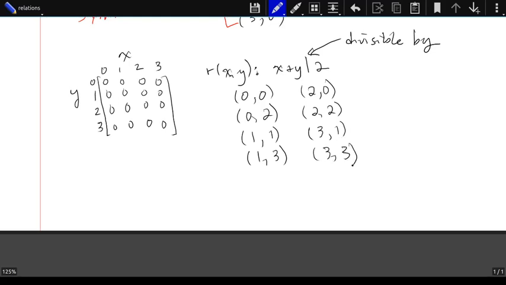For each of those pairs, this relation holds true. The sum of each pair of numbers is an even number. And we can also see right away that there's symmetry here.